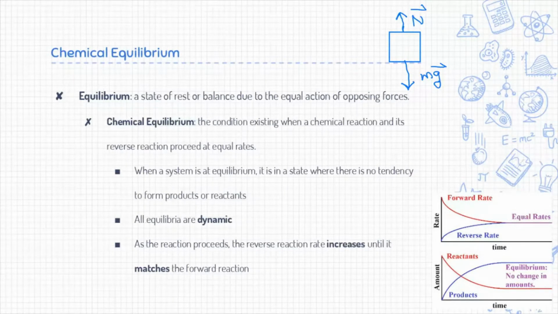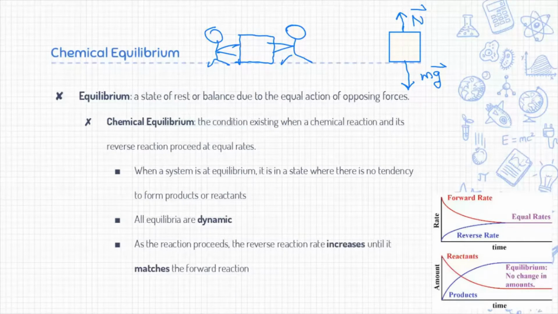Therefore, we would call this block to be in equilibrium. Now, if you don't know any physics, this would also make sense if we had a block here, and two people were pushing on this block with the same force, then this block wouldn't move, correct? We call that block to be in equilibrium as well.